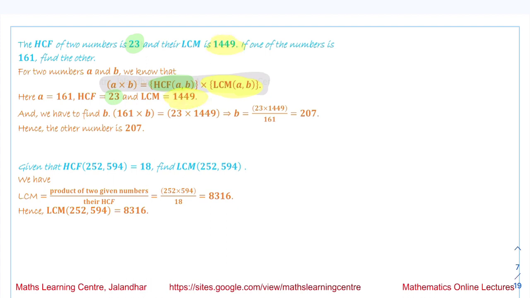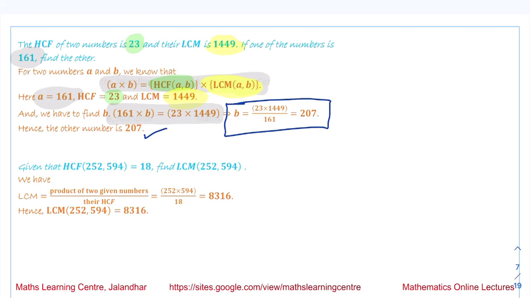The number that is given to us is 161. So we substitute in this formula that 161 into B is equal to 23 into 1449. So the value of B that you will obtain is equal to 207.